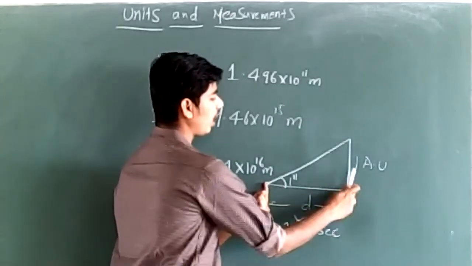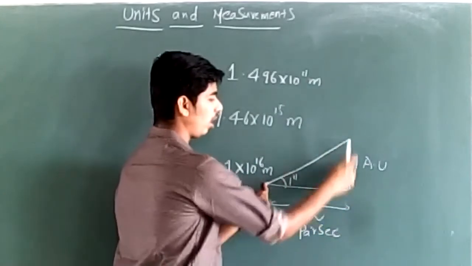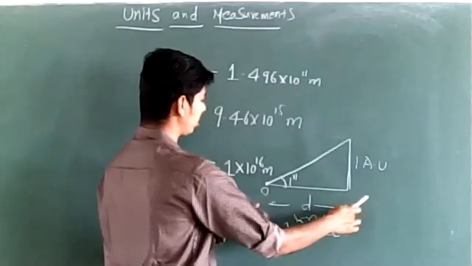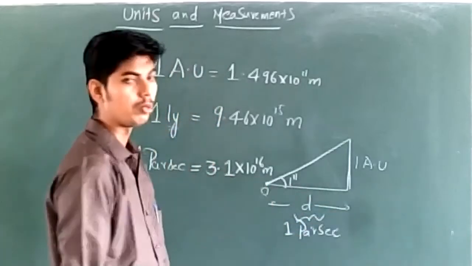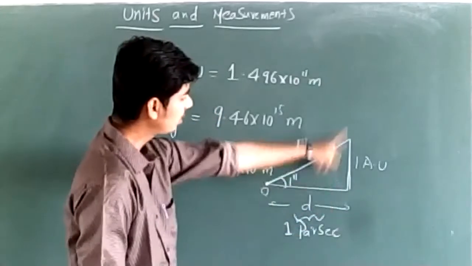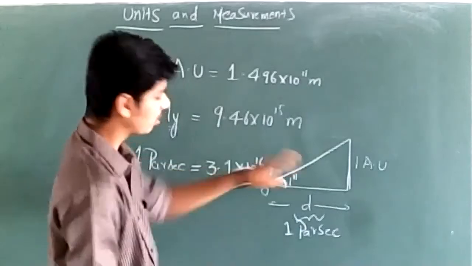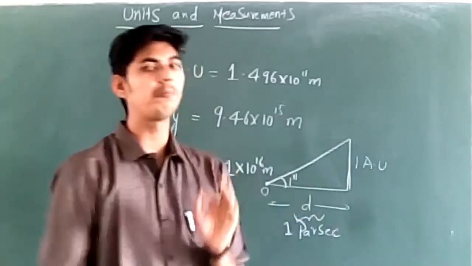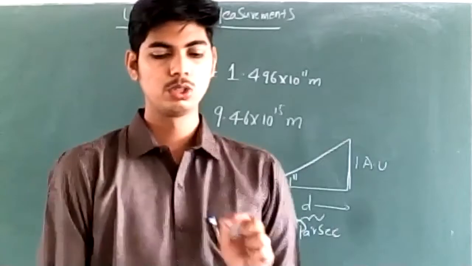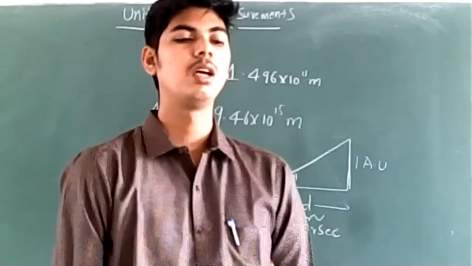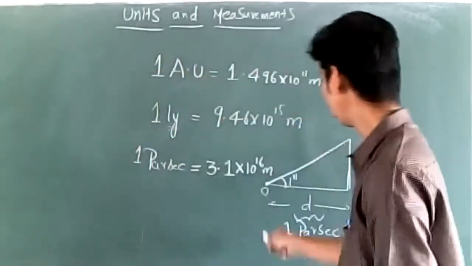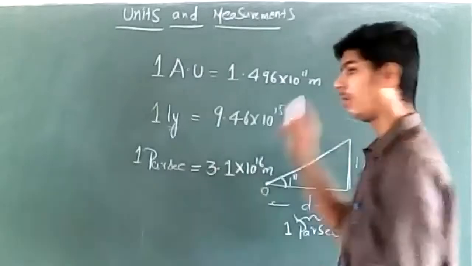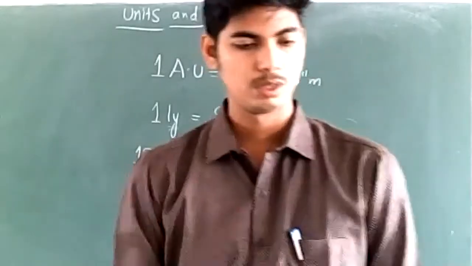If you place an arc of length 1 astronomical unit at a distance of 3.1 into 10 to the power of 16 meters, that arc is going to subtend an angle of 1 second at this point. This distance is called a parsec. So these are some of the practical units that we use in measurement of large distances.